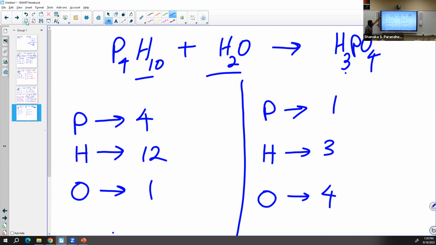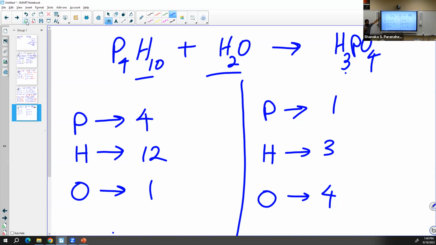So now we are going to pick an element. When I pick an element, you can start from phosphorus, or you can start from hydrogen. So no, hydrogen is not good, and I'm not going to start from oxygen. So maybe we have to start from phosphorus, because phosphorus is 4 on this side.